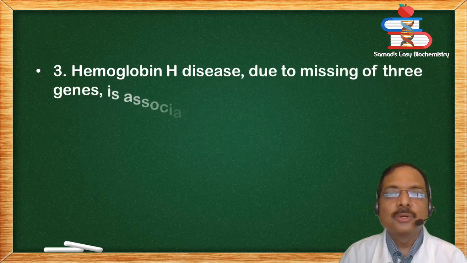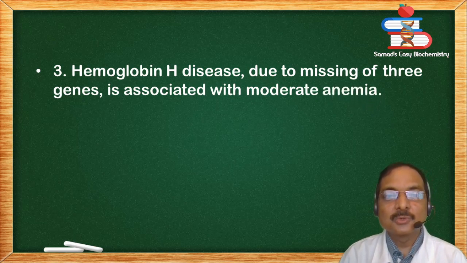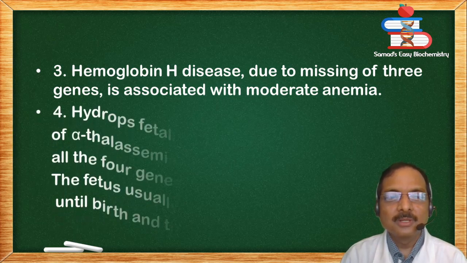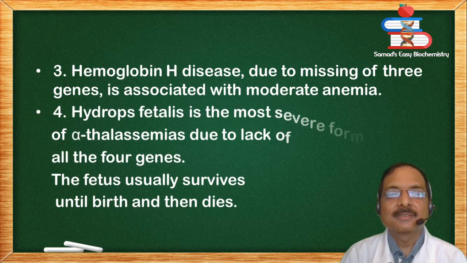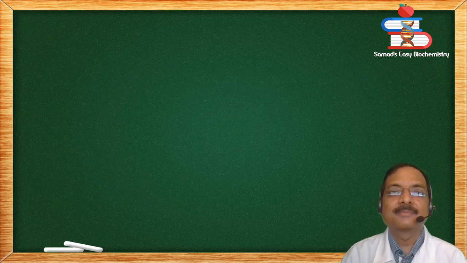It is due to missing of 3 genes and it is associated with moderate anemia. Fourth, hydrops fetalis. It is the most severe form of alpha-thalassemias due to lack of all the 4 genes. The fetus usually survives until birth and then dies.